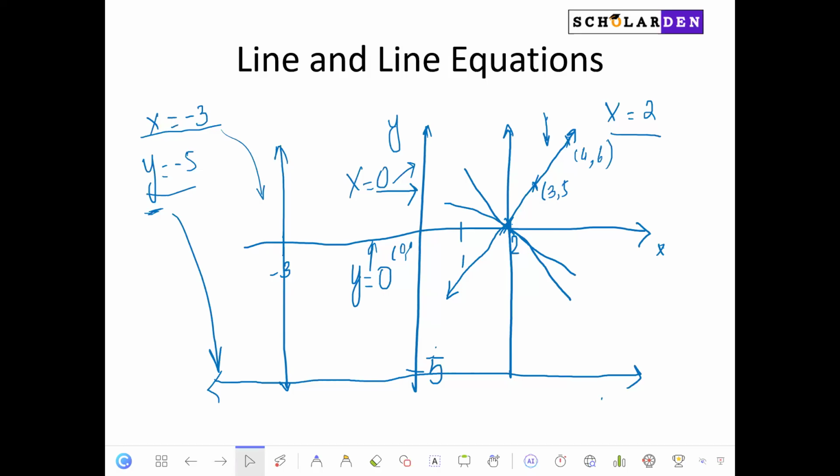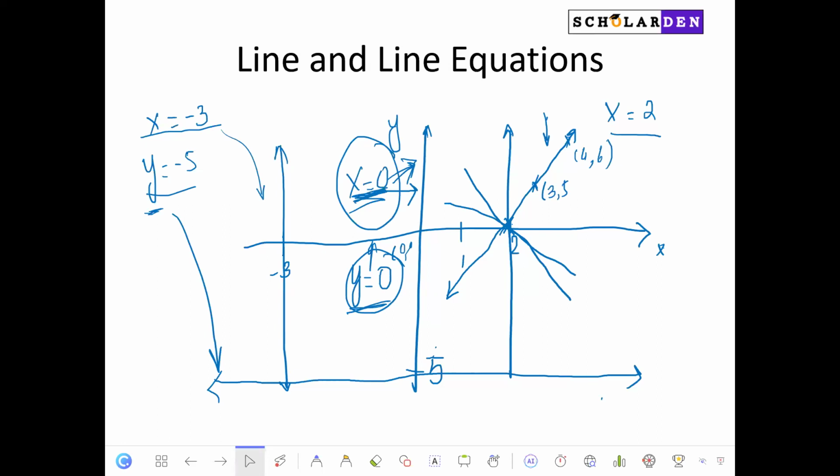So the y-axis is x is equal to 0, and the x-axis is y is equal to 0, because when we move along these lines, this is satisfied. I hope that this aspect is clear.